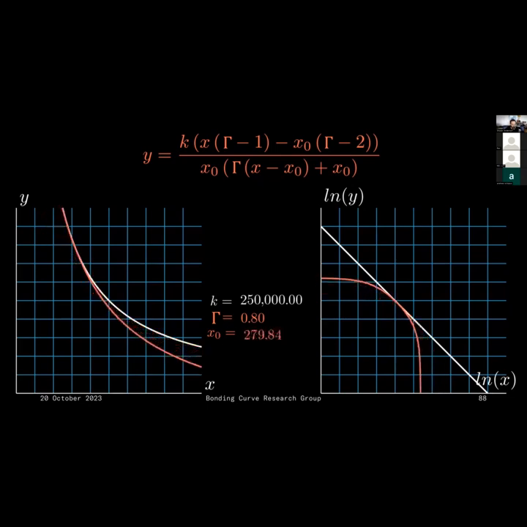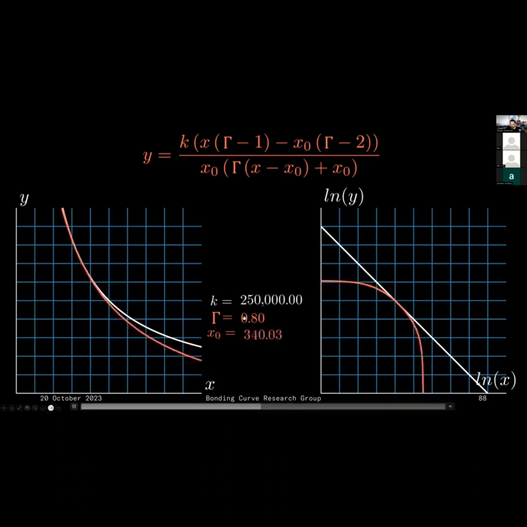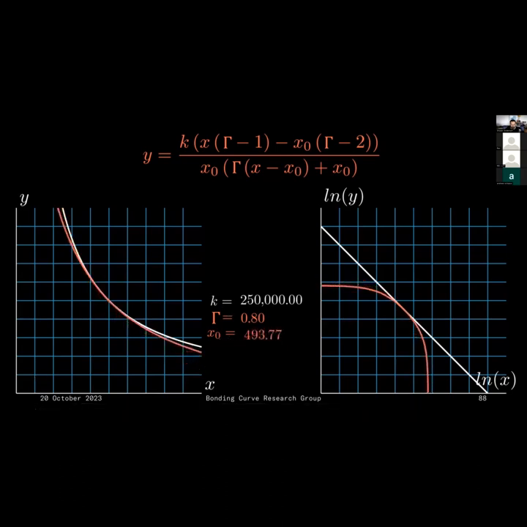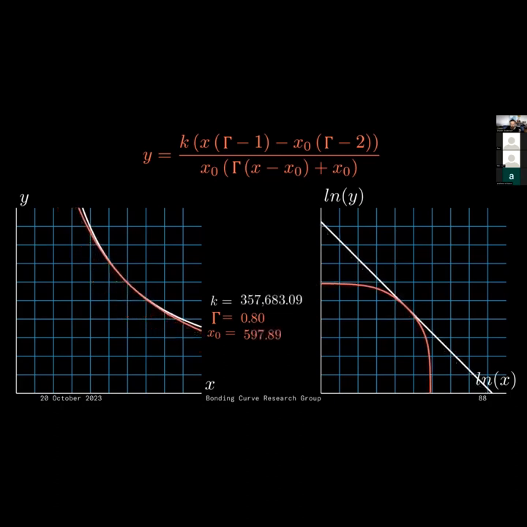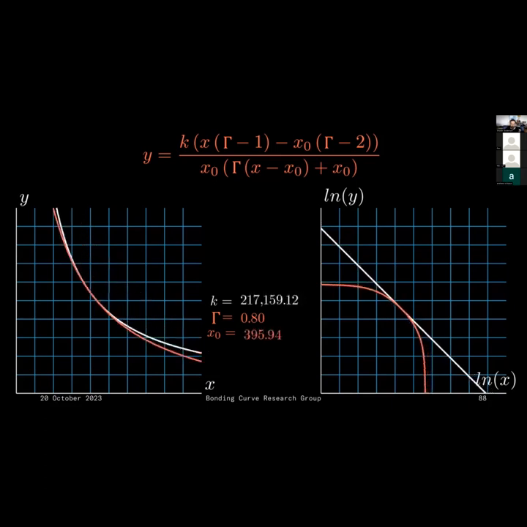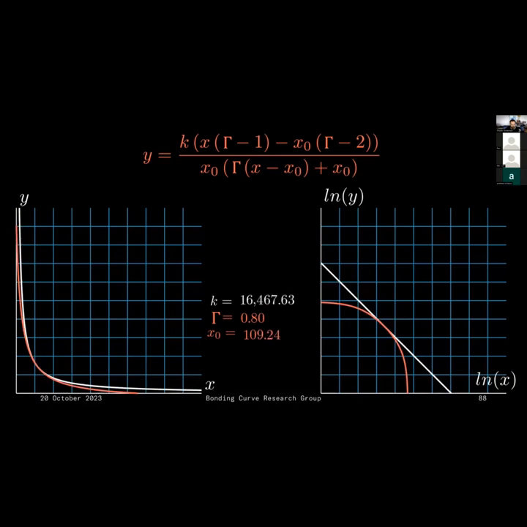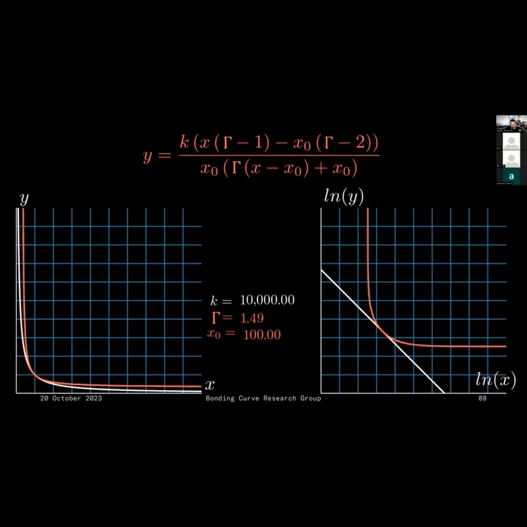And as we move x0 and y0 around, where y0 here is just k divided by x0, we're changing the point at which the amplified and the unamplified curves kiss, right? And if we move k up and down, you can see that we get the same effect that we would expect from a traditional bonding curve.